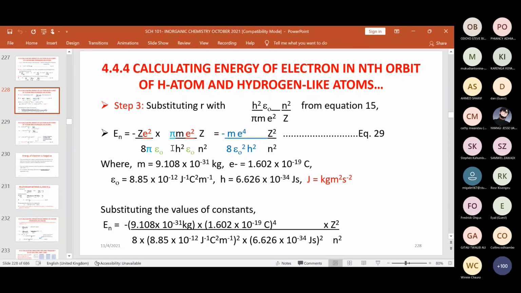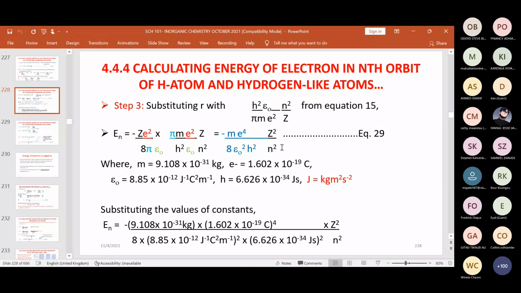And if we do that, we get equation 29, which says that the energy of an electron in an orbit is equal to negative m, which is the mass of the electron, times e raised to 4 Z squared over 8 pi, h squared is permittivity squared n squared.